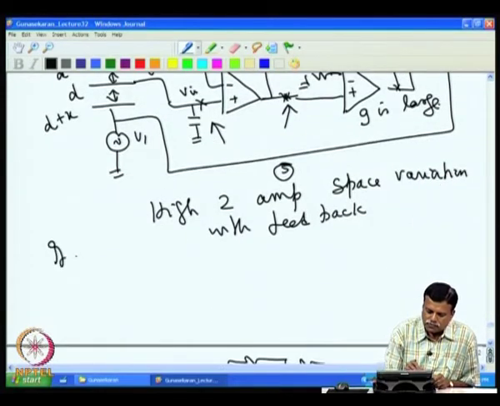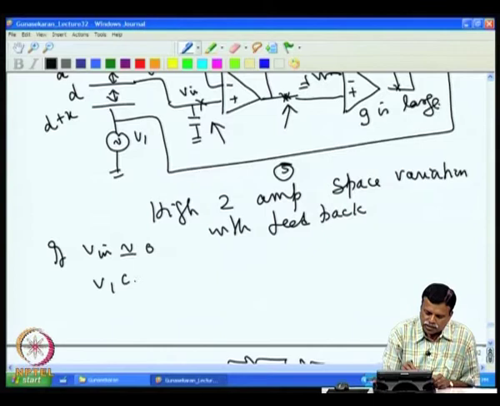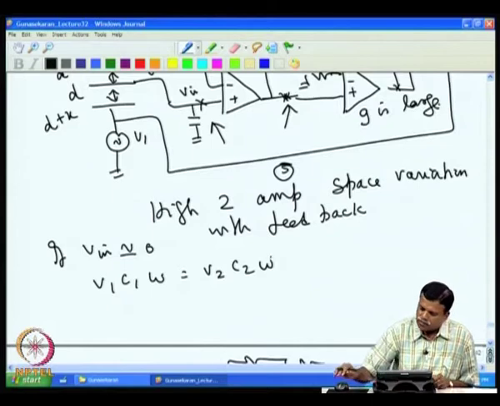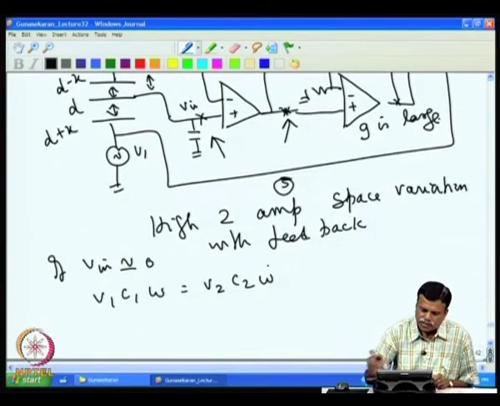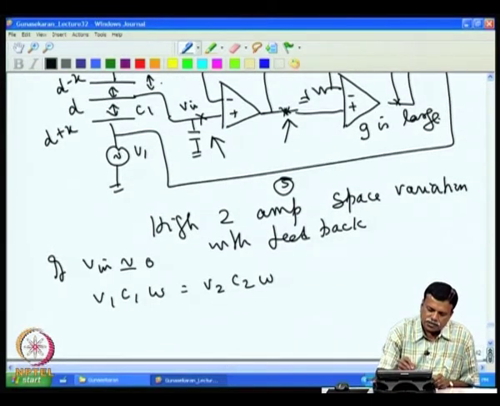if V in is nearly 0, then we can show that V1 C1 omega should be equal to V2 C2 omega, where C1 is this capacitance, C2 is this capacitance.